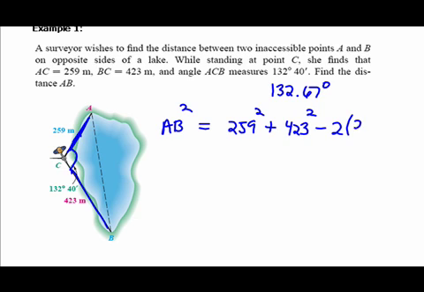So 2 times 259 times 423, and then that multiplied by the cosine of our angle, 132.67 degrees. And I want to remind you, folks, that's what AB squared is. We'll have to turn around and take the square root of that to get the actual length of that side. So go ahead and make sure your calculator's in degree mode.